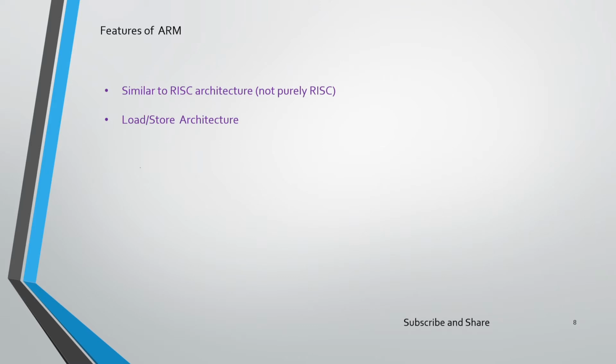So let's understand the features of ARM. First point, it is similar to RISC architecture, but it is not purely a RISC. As already known, the ARM processor is a combination of RISC ideas and also a few CISC features.